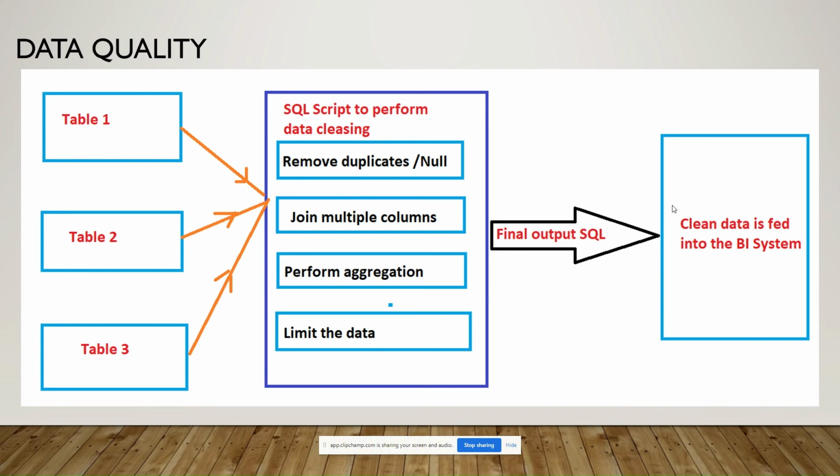These data quality activities performed by SQL are very efficient since these activities are done external to the BI systems, which reduces a lot of overhead. So writing an efficient SQL to perform these data quality steps is key to the success of your dashboard or BI reporting systems.